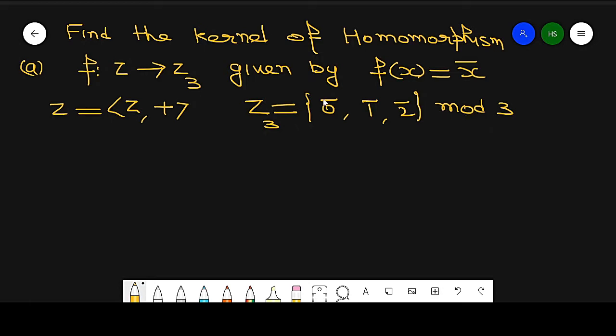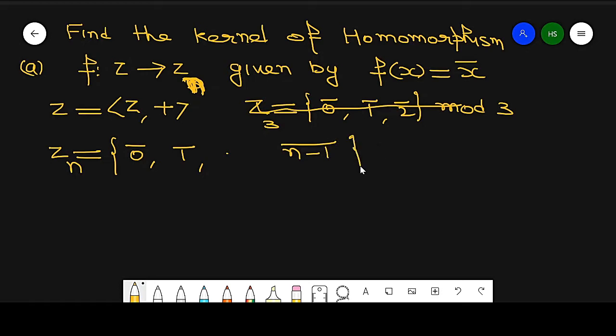In general, Zn is 0 bar, 1 bar, 2 bar, up to n minus 1 bar, modulo n.